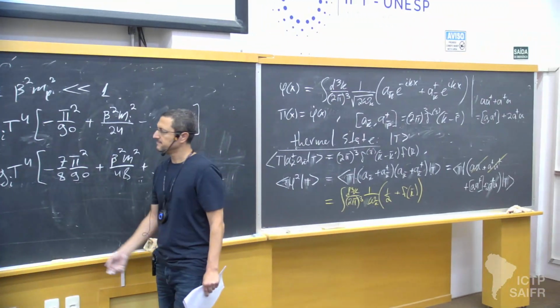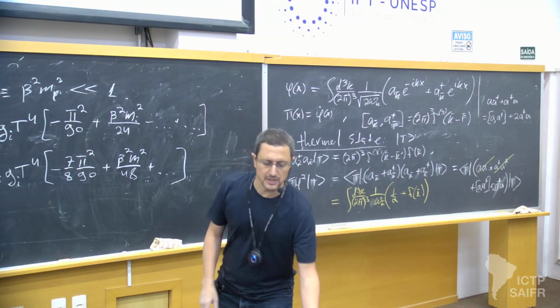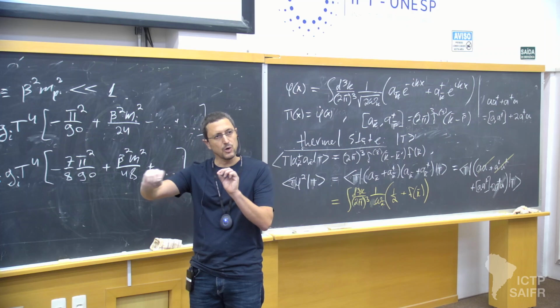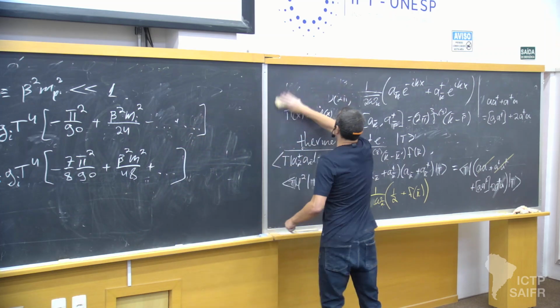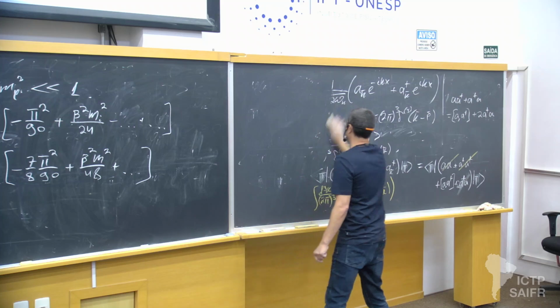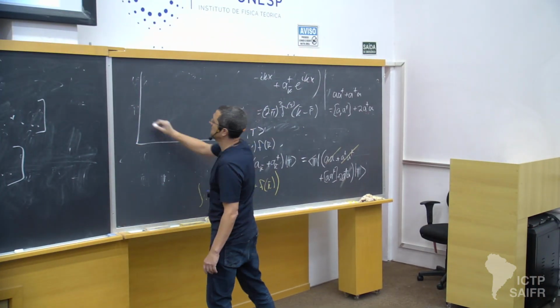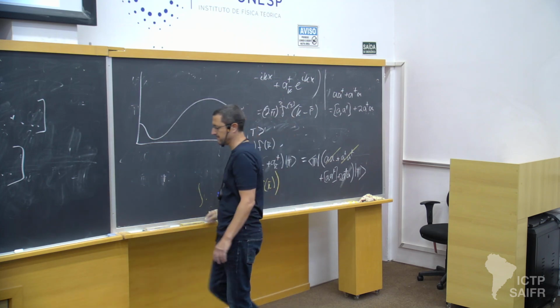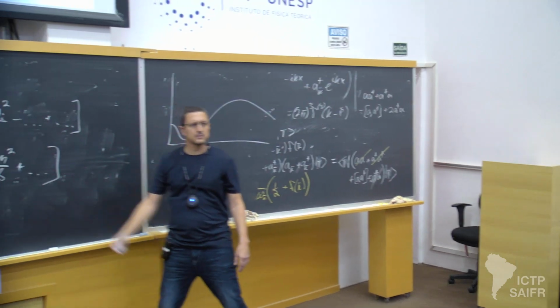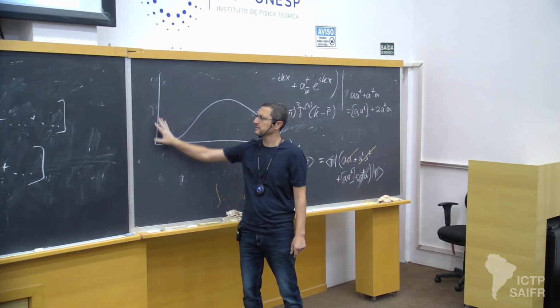What is happening? At very high temperature, what does our effective potential do at small fields? I should draw quickly. Remember our picture? Our picture was this, and something far away. The very high temperature limit also means the particles' masses are small compared to temperature, so we're interested in this region.